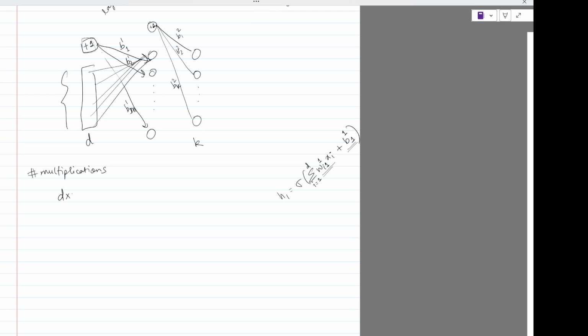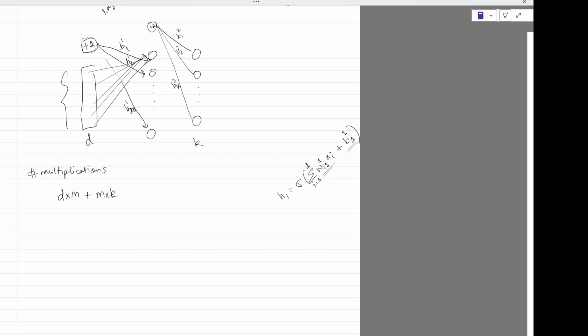So d into m. Similarly, in the output layer also there will be m multiplications done for each of the output nodes. So it will be d into m plus m into k. So we have counted all the multiplications.